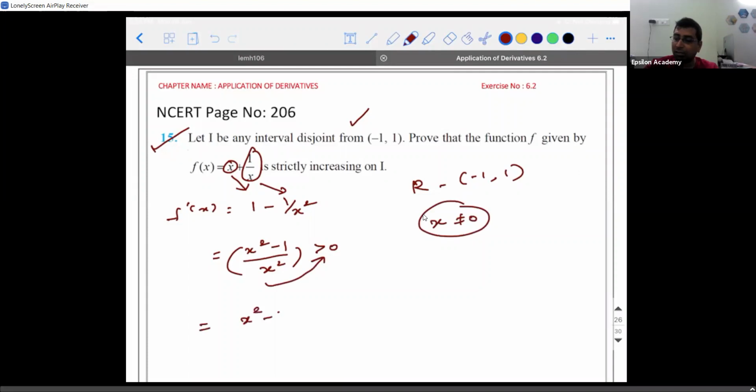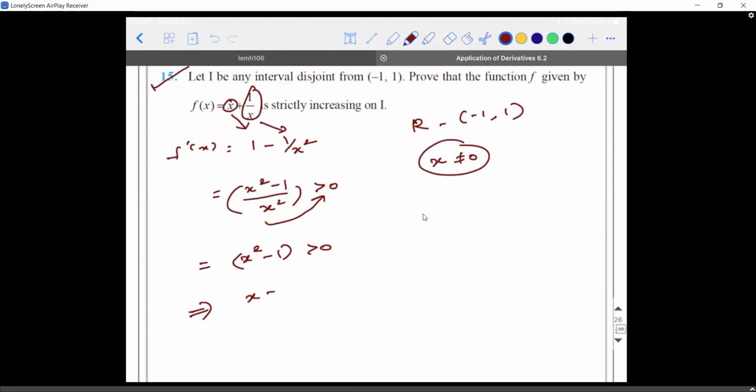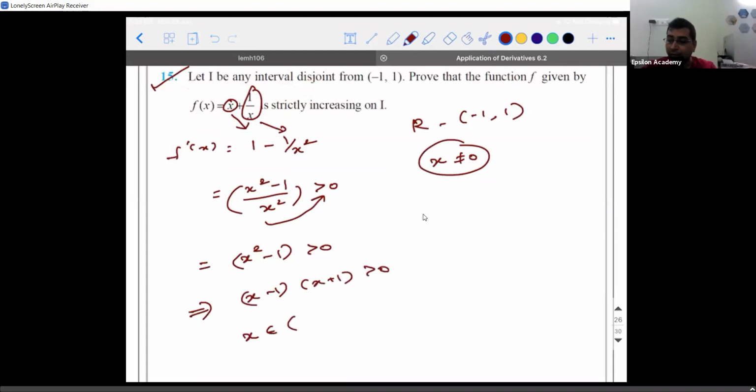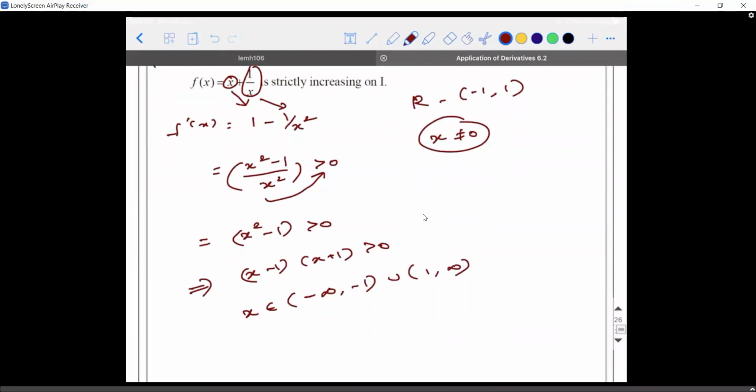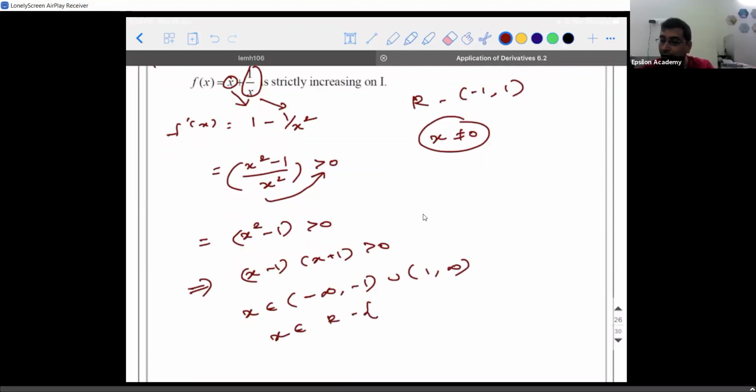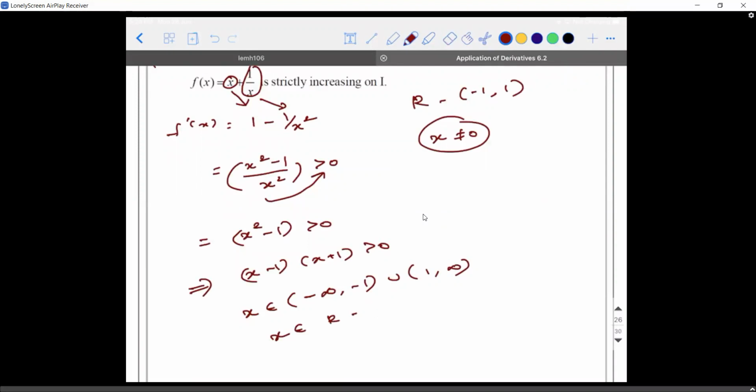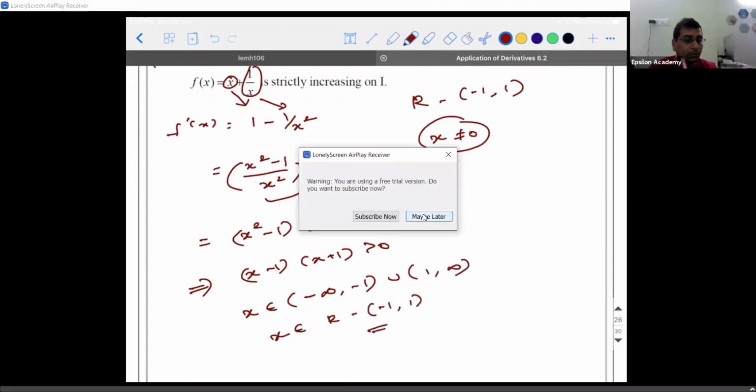This implies x square minus 1 is greater than 0, which clearly says x minus 1 into x plus 1 is greater than 0. x belongs to minus infinity to minus 1 union 1 to infinity, which is nothing but x belongs to real numbers except minus 1 to 1.